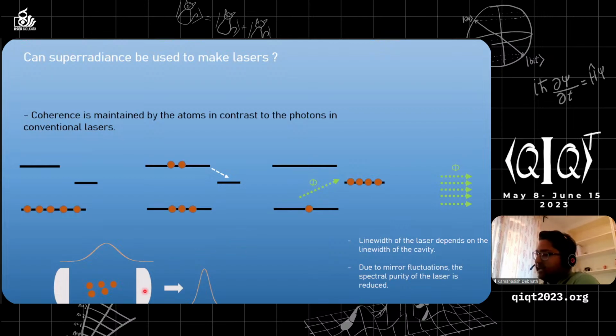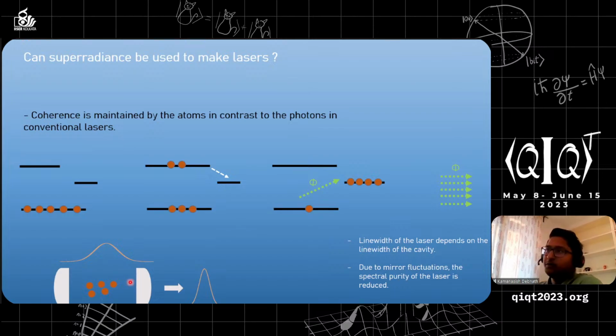If one of the mirrors is vibrating or has some fluctuation, you don't get a purity of the laser, because the vibrations introduce impurity in the line width, and that is natural because the cavity determines the line width of the laser. But can we use it the other way, so that the laser doesn't depend on the line width of the cavity, but rather depends on the line width of the emitters, so that it becomes independent of the cavity?